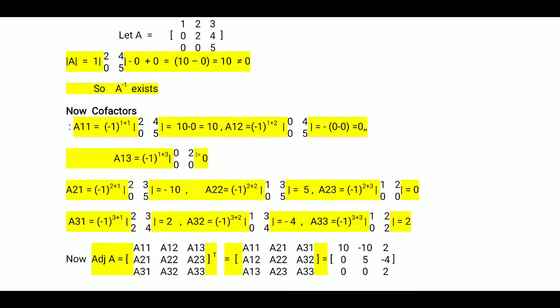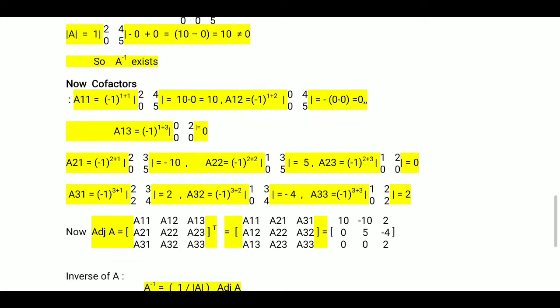Similarly the second row elements have the cofactors. Capital A21 is minus 1 power 2 plus 1, leaving the second row and first column, we get a small determinant 2305. So after calculation we get minus 10.